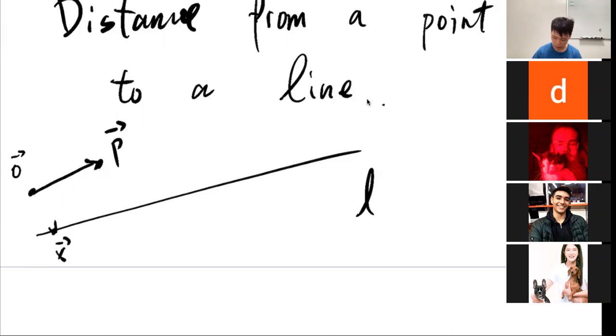Actually, you don't need that. Remember yesterday we had a parametric equation for a line: t times vector v plus a certain point x. This is how we get the equation for the line. So you have a point x and a certain vector v.